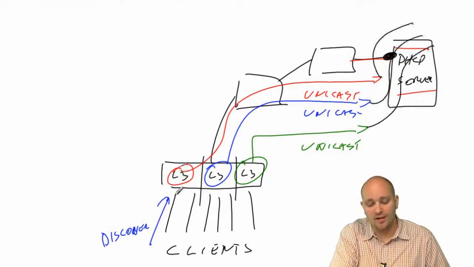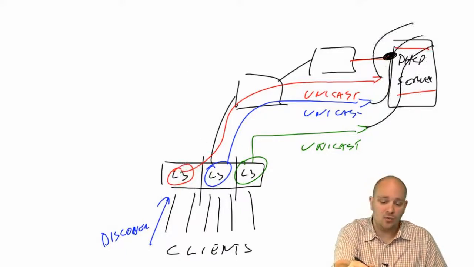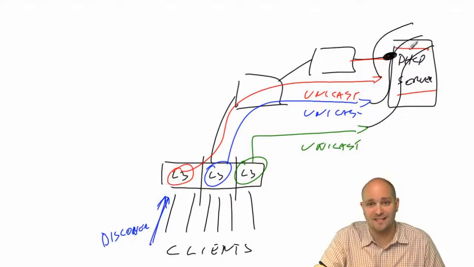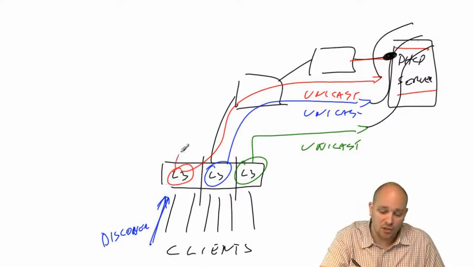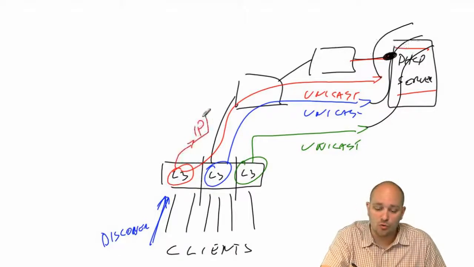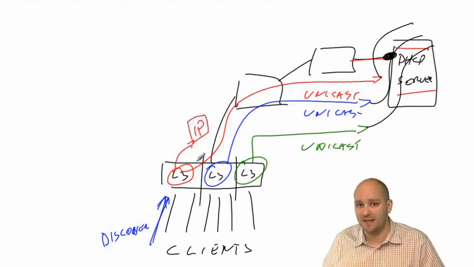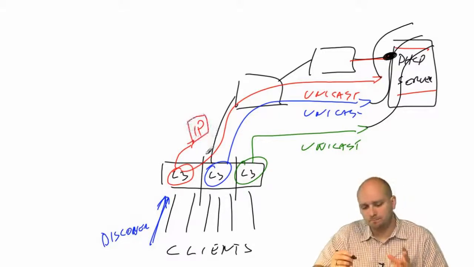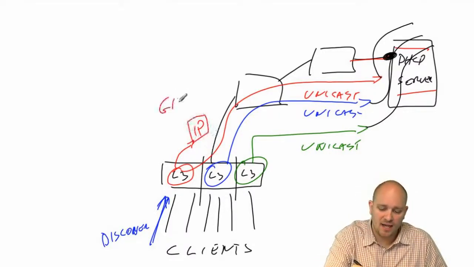This is where the relay comes into play. When the relay receives this original packet, and before it actually sends it out, it is going to insert in this packet information about the relay's IP address. Now, this information here is something that is called GI address.